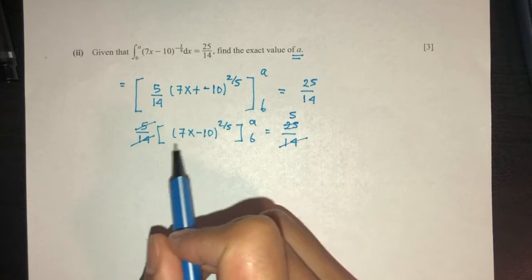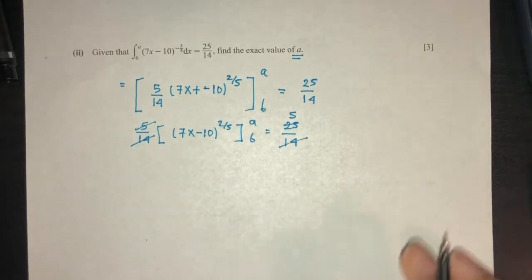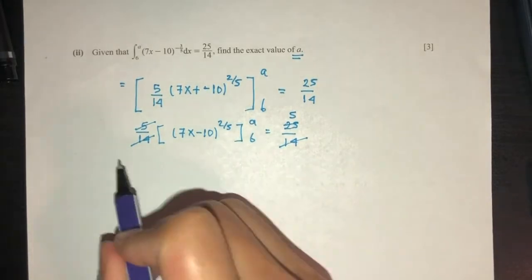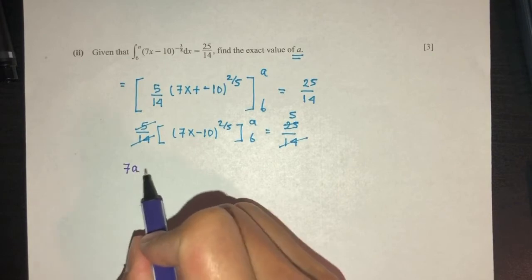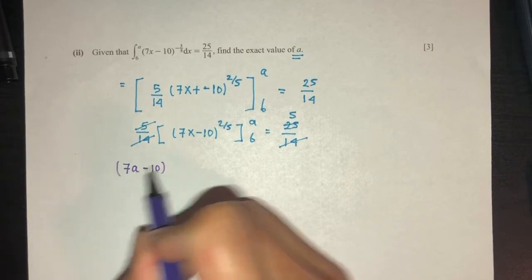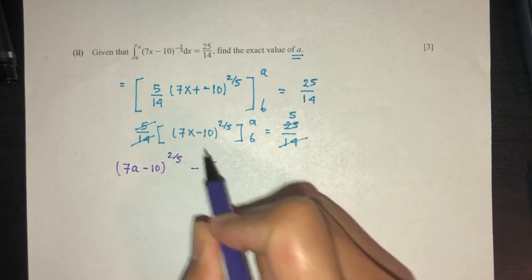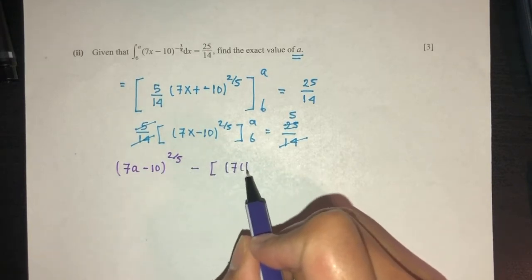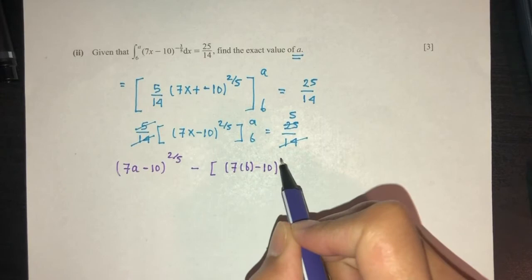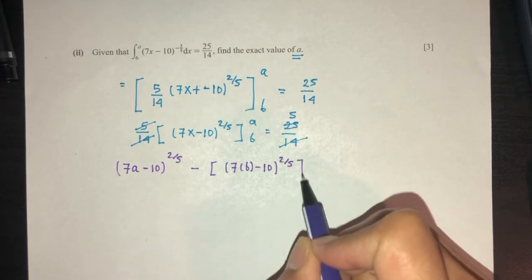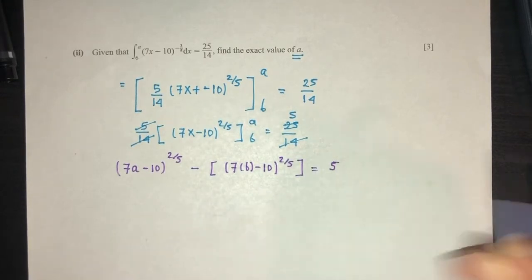So right now we can expand this. The first one is the value of a, so 7 times (a minus 10) power 2 over 5, minus 7 times (6 minus 10) power 2 over 5, that is equal to 5.